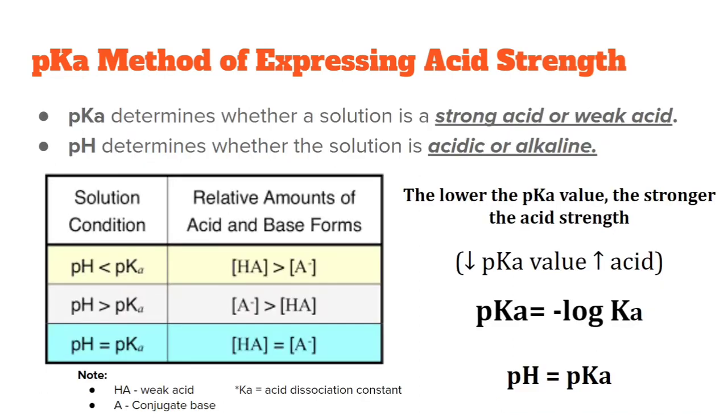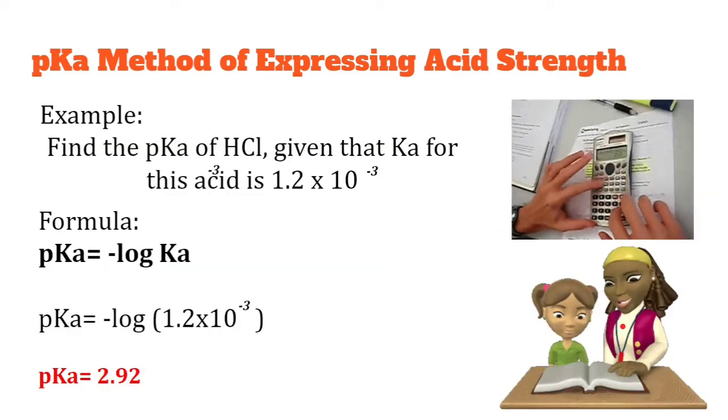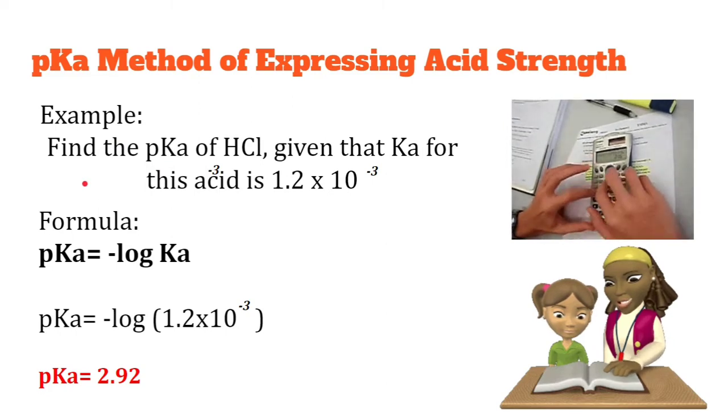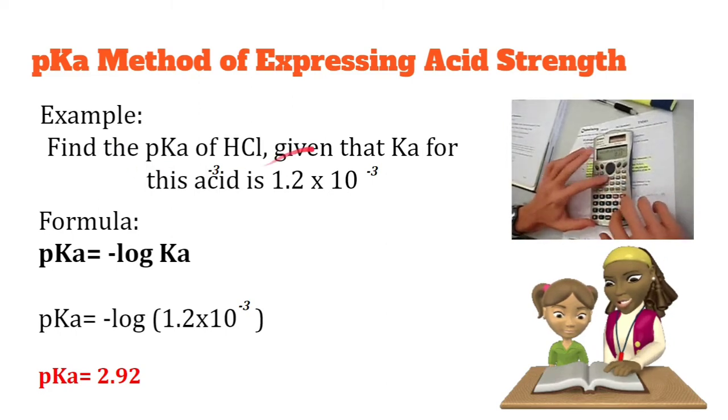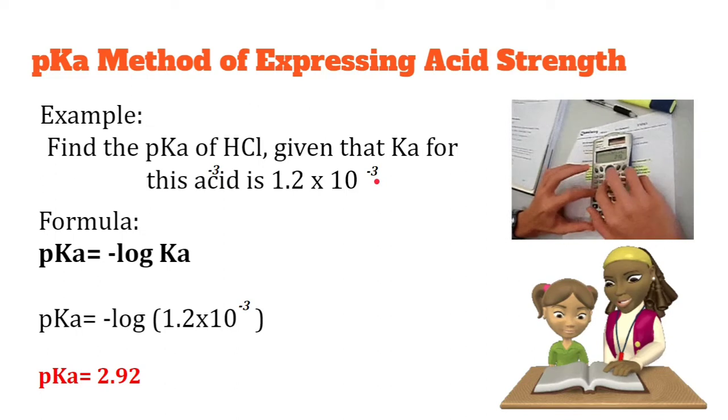Using the formula given earlier, pKa is equal to negative log of the acid dissociation constant, let's check a given example. Find the pKa of hydrochloric acid, given that the Ka for the acid is 1.2 times 10 raised to negative 3.